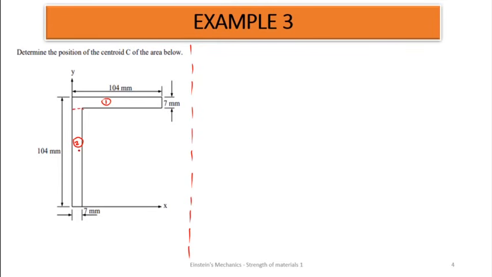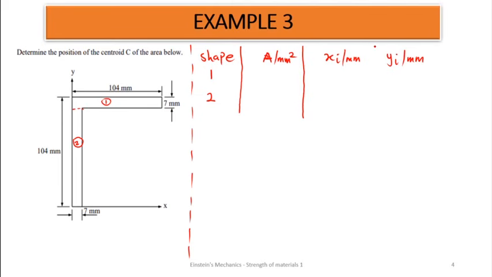Do you see that? Okay, so here too I'm having my shape 1 and 2. Let me do my area in millimeter square, xi in millimeter. Then I also have my yi in millimeter. You do them nicely like that.